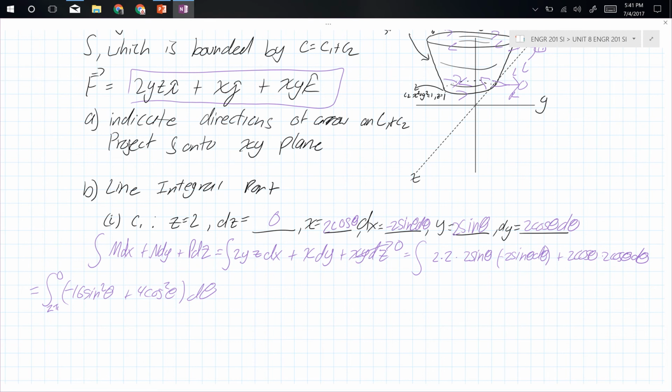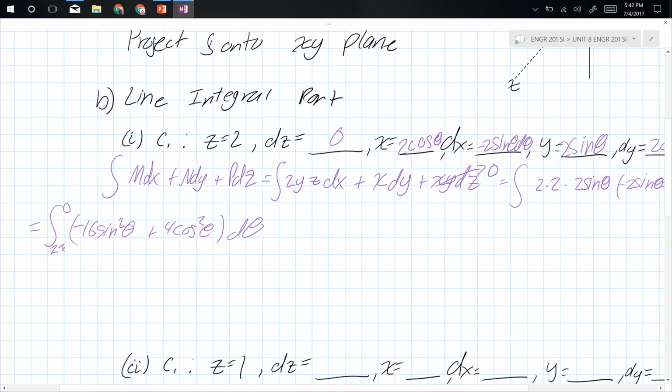And then we need to substitute in for sine squared and cosine squared. I would suggest the half-angle formula.